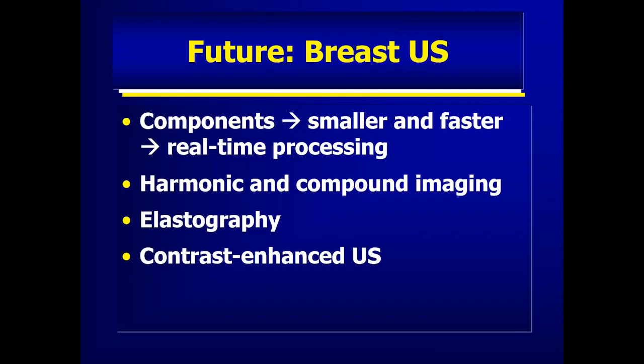In the future, we'll see ultrasound units become smaller and faster with greater real-time processing capability. We'll be able to do more of our special imaging, such as harmonic and compound, simultaneously, or we'll also see more advances in elastography and see how elastography and other developments, such as contrast-enhanced ultrasound, can help us to be more precise in our diagnoses.